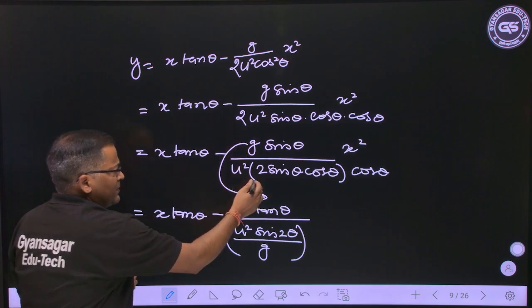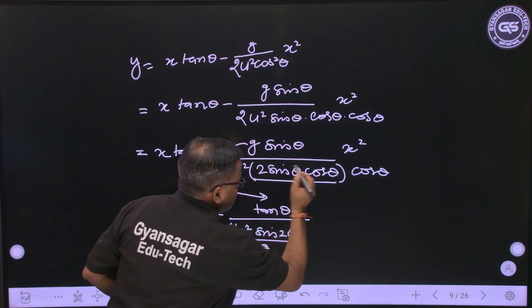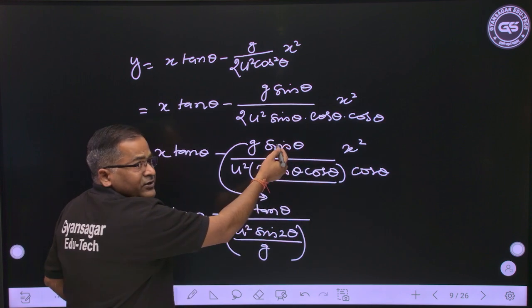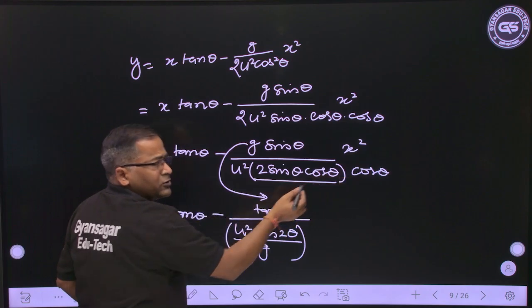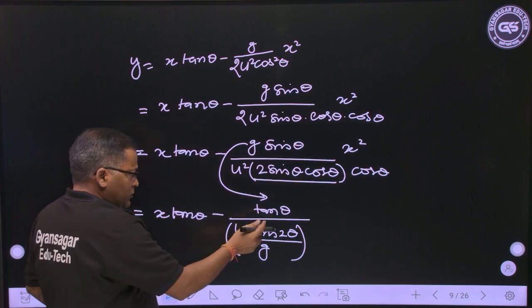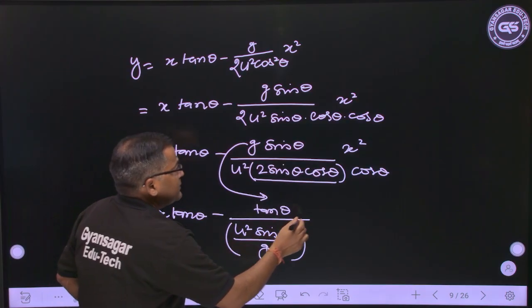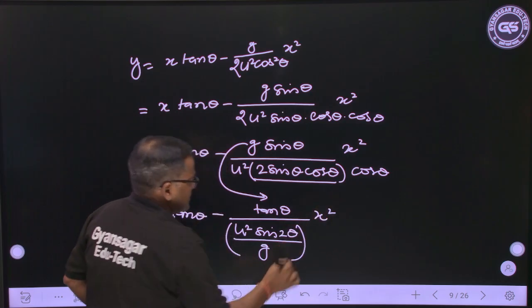This g is coming below here, below this thing, and this cos theta is remaining like this. Sin theta is here, so sin theta upon cos theta, tan theta. So the equation will be looking like this x square.